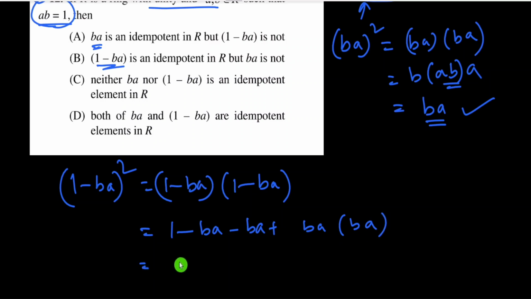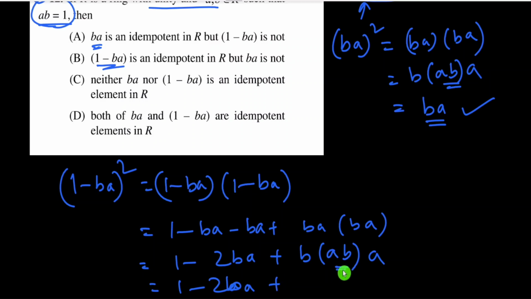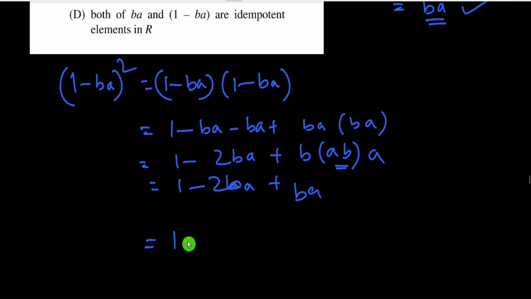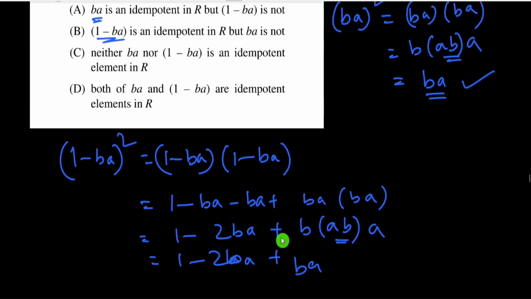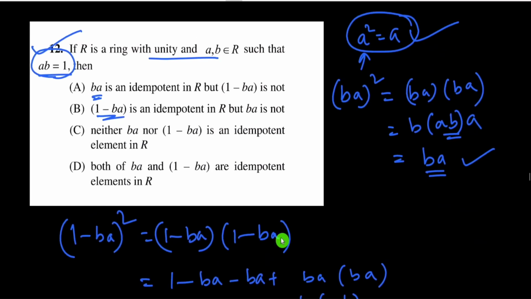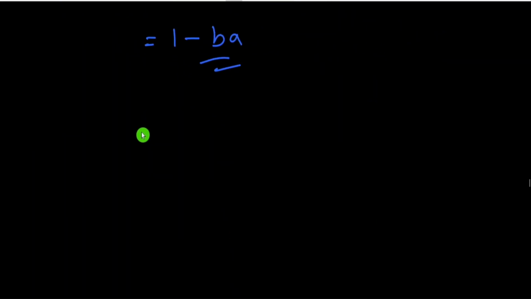So this is 1 minus 2ba plus b(ab)a, and with ab equal to 1 by the given identity, this is 1 minus 2ba plus ba, which equals 1 minus ba. Therefore (1 minus ba) square equals 1 minus ba. Therefore both the elements ba and 1 minus ba are idempotent elements in R. So option D is correct here.